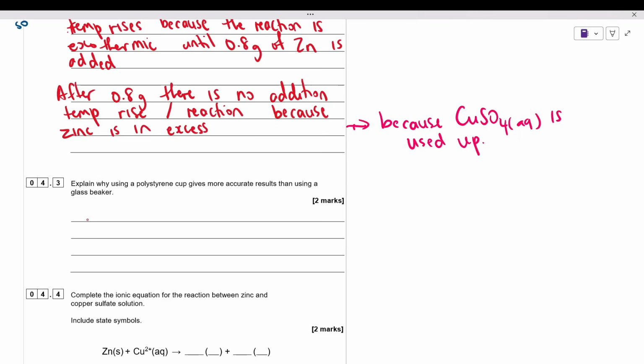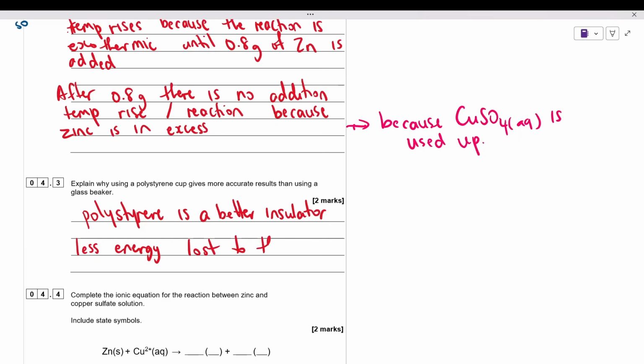We know that polystyrene is a better insulator. And if it's a better insulator, it means therefore that less energy is transferred or lost to the surroundings. So less energy is lost to the surroundings.